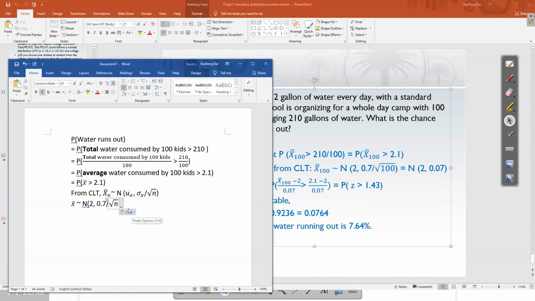The 100 kids is the sample, so the sample size is 100, right? So with a little calculation, we can say that X bar has a normal distribution with population mean 2 and population standard deviation 0.07. So this is the distribution you need to use to standardize this event, right? So if I put this on top, we can continue to work on this.